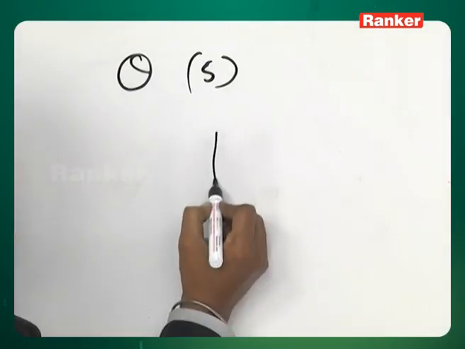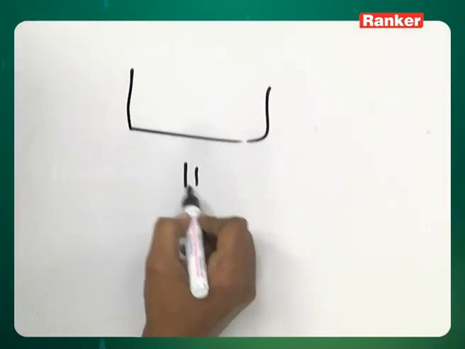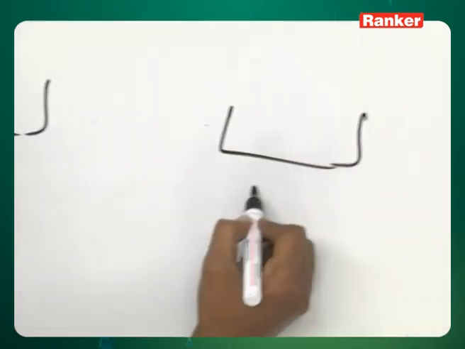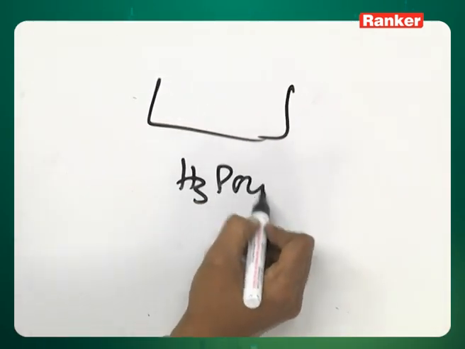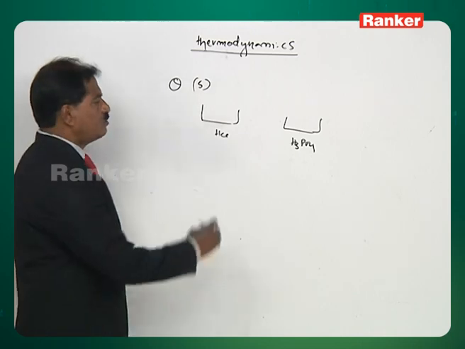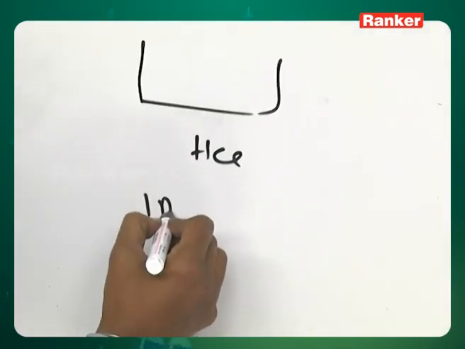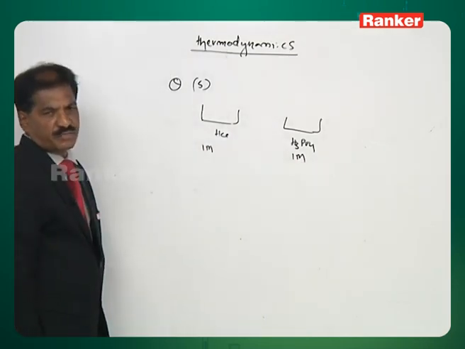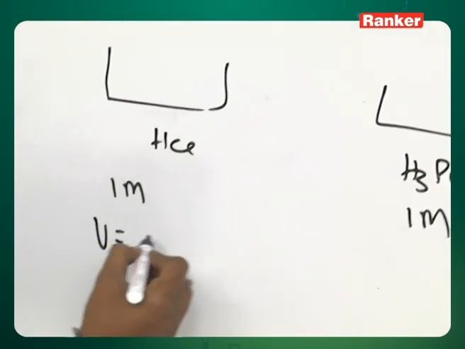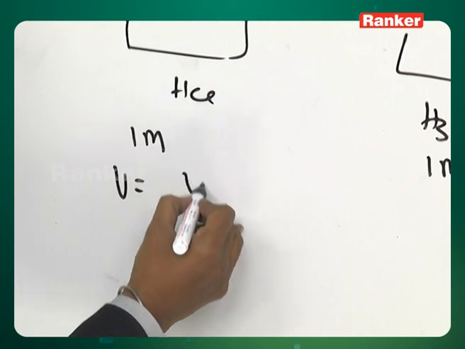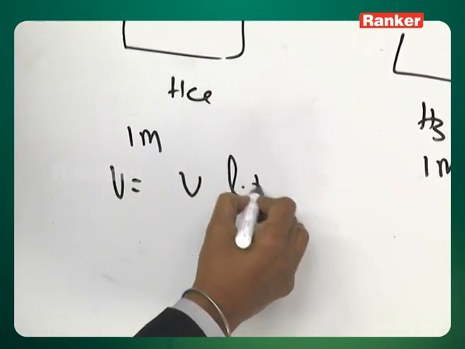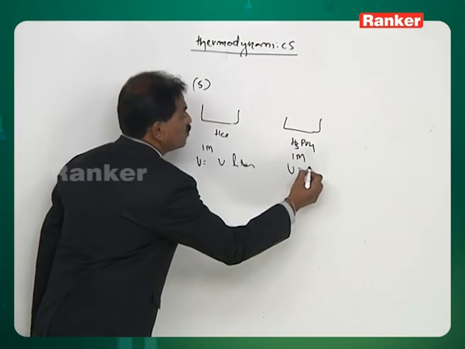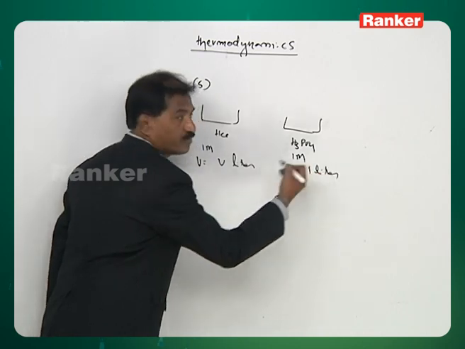So in two separate experiments, they are taking the HCl and the H3PO4. The molarity of the HCl is 1 M, the molarity of the H3PO4 is also 1 M. Equal volume, let us say V liters.